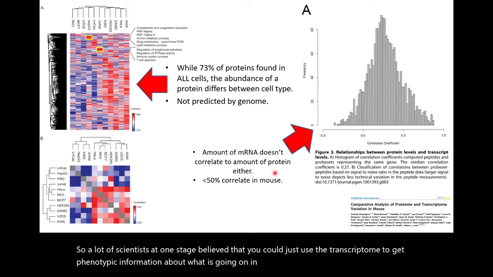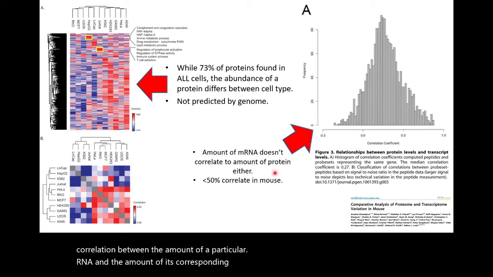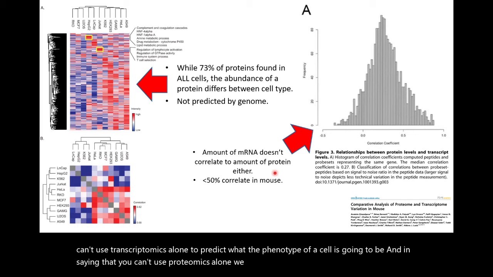And when you actually look at the correlation between the amount of a particular RNA and the amount of its corresponding protein, there is very, very little correlation. So you can't use transcriptomics alone to predict what the phenotype of a cell is going to be. And in saying that, you can't use proteomics alone. We will come back to systems biology later on.